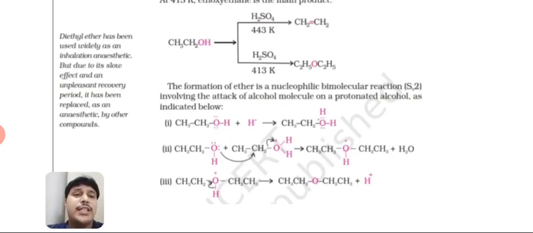Now in the second step, the product of the first step and ethanol both are going to be used as reactants. See carefully, ethanol and the product of the first step are the reactants of the second step, and in this step we show the attachment of the ethyl group to ethanol by the removal of a water molecule, that is dehydration, right?